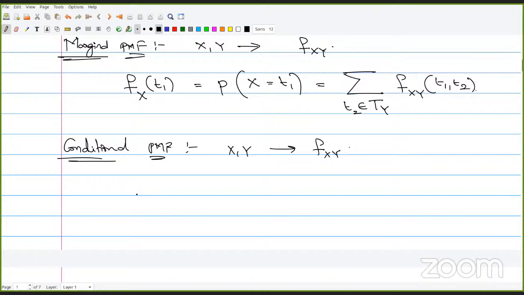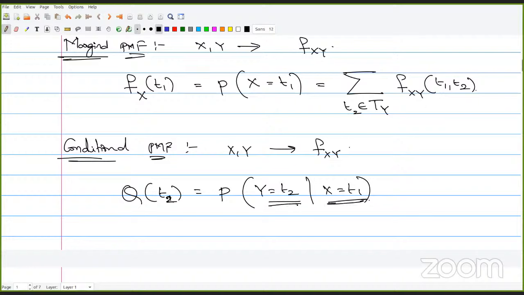Conditional PMF is denoted like this: q of t1, t2, which is nothing but the probability that y takes t2 given x takes t1. So the condition is that x is taking value t1.